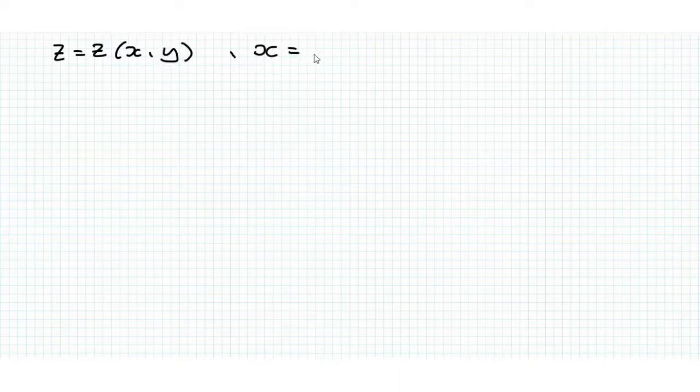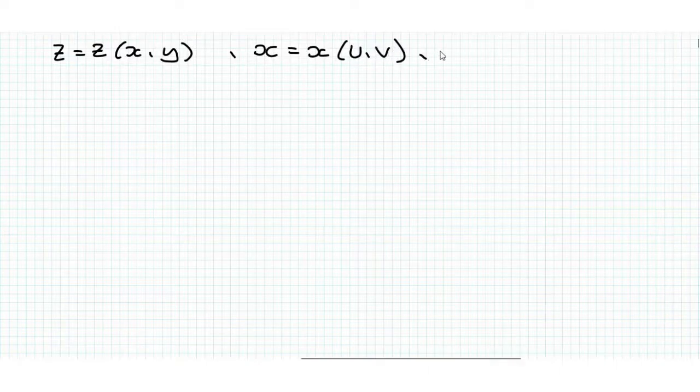Right, so for the first chain rule we're going to look at z as some function of x and y, two variables x and y, but x and y are both functions of two other variables, u and v.